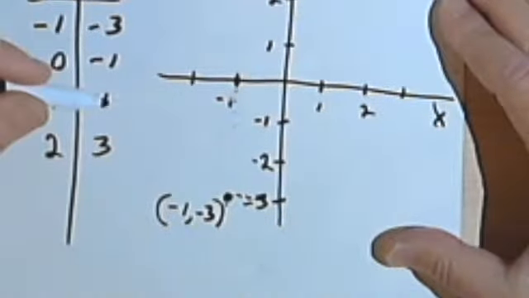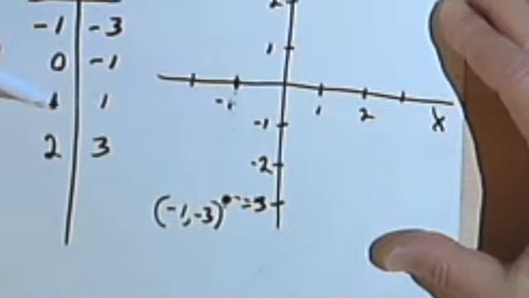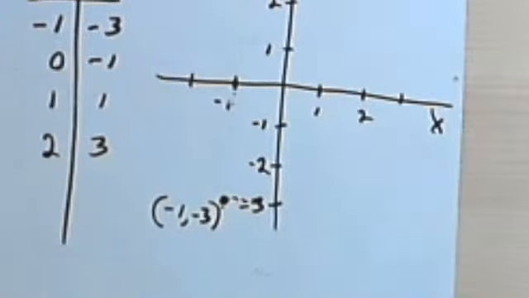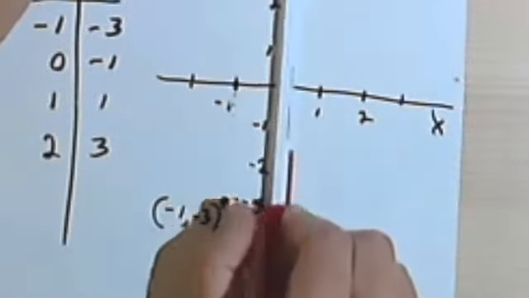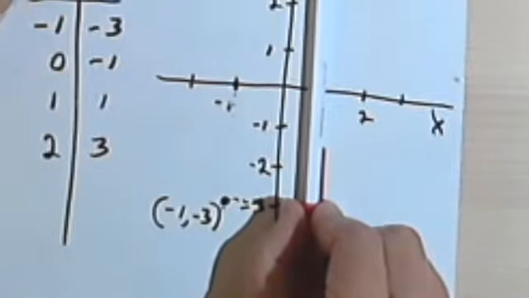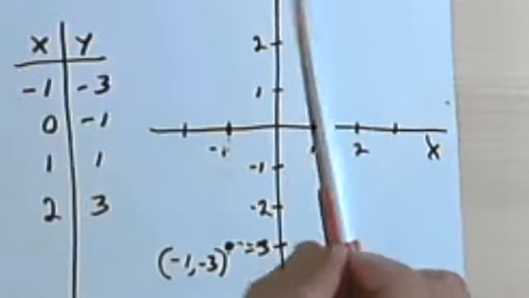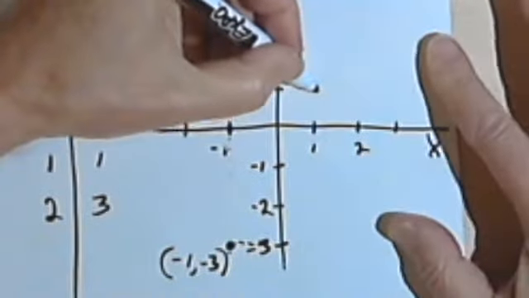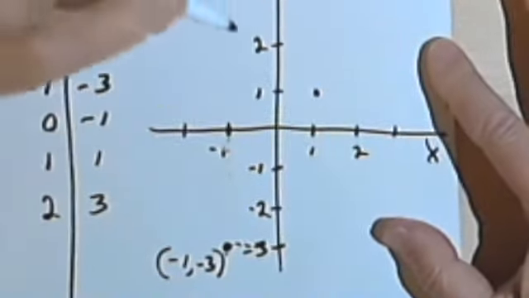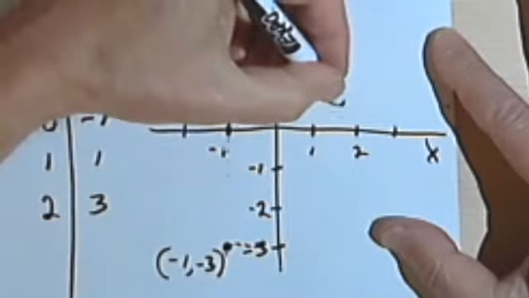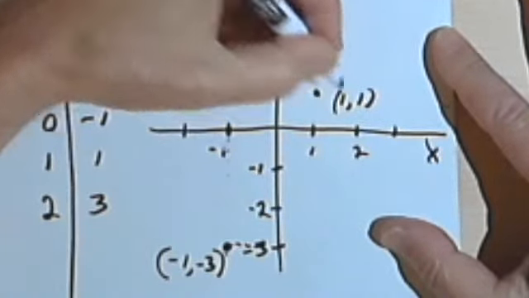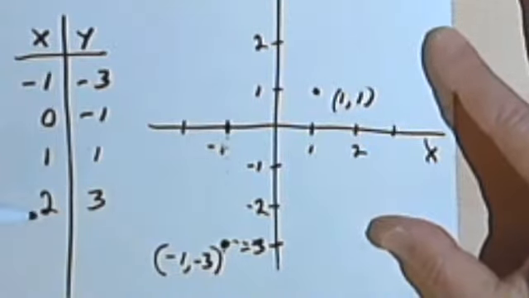Let's take the point 1, 1. Okay, so I've got the point 1, 1. That means I'm looking for a place where x is 1. That would be here. And a place where y is 1. That would be here. So the place where those two lines or pens cross is going to be here, and that's going to be 1, 1. That's my ordered pair. Let's go to 2.